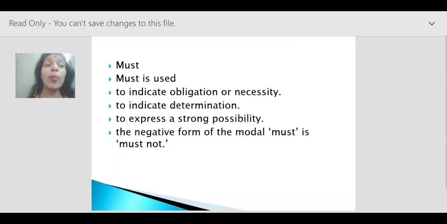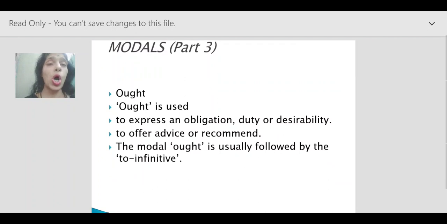The negative form of the modal must is must not. Ought. Ought is used to express an obligation, duty, to offer advice or recommend. The modal ought is usually followed by the to infinitive.